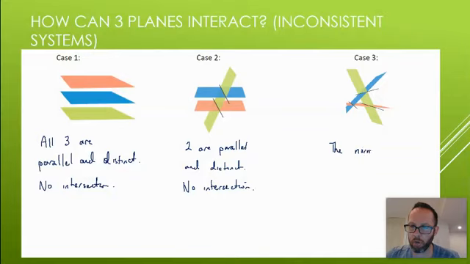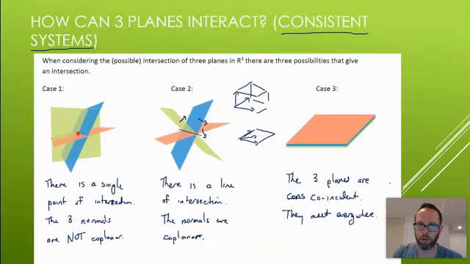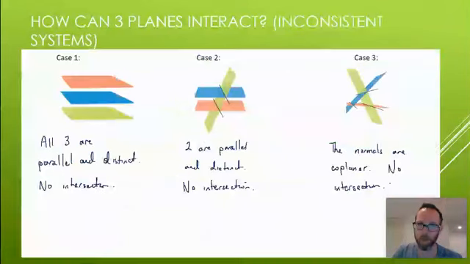The normals are coplanar, but the planes are arranged in such a way so that there is no intersection. So there's 3 cases where the planes are not parallel. And that was case 1, case 2 in the previous slide here, and case 3 in this slide.